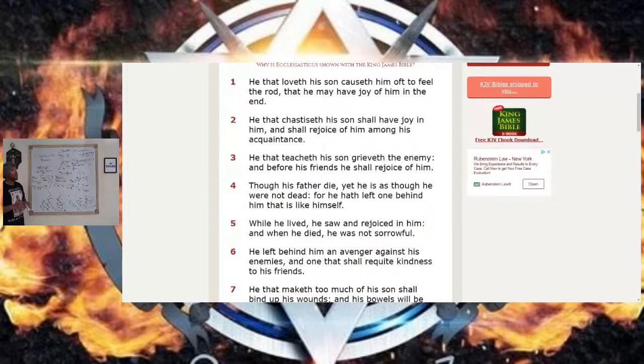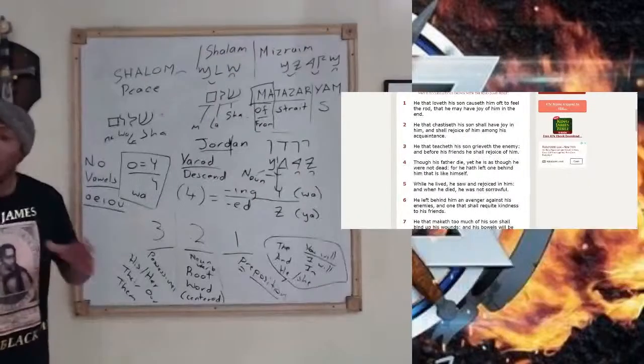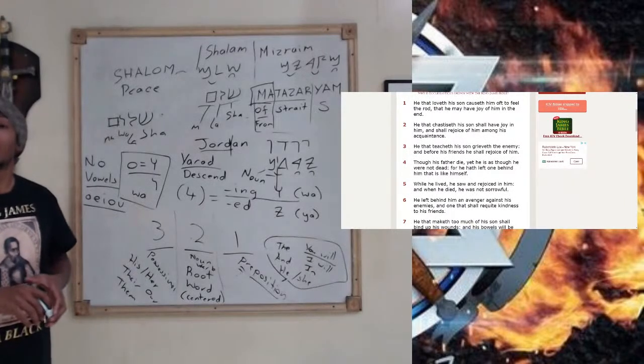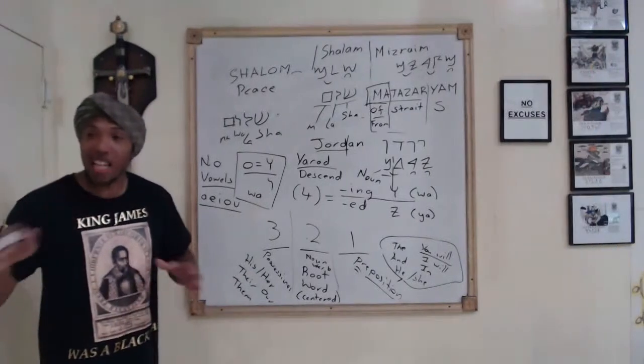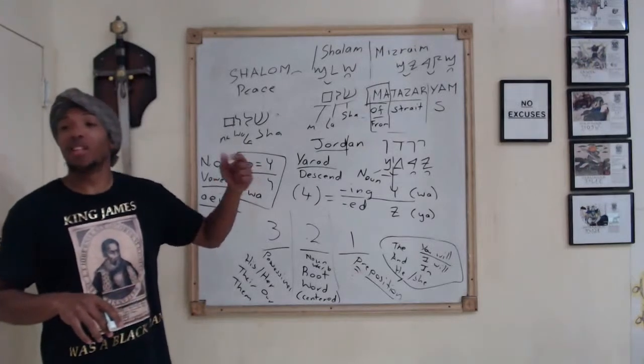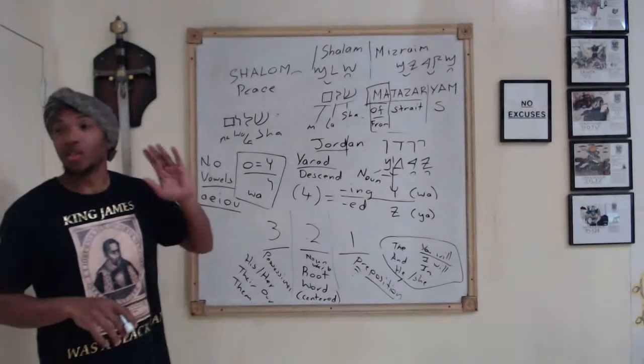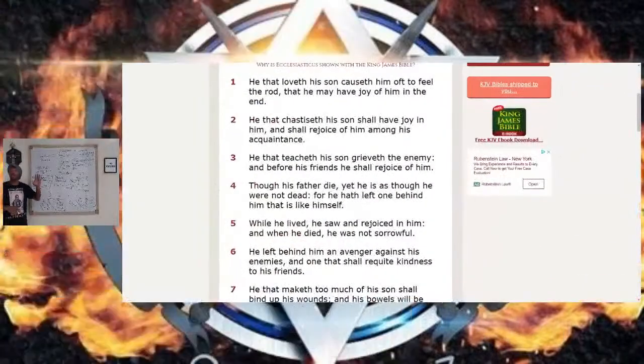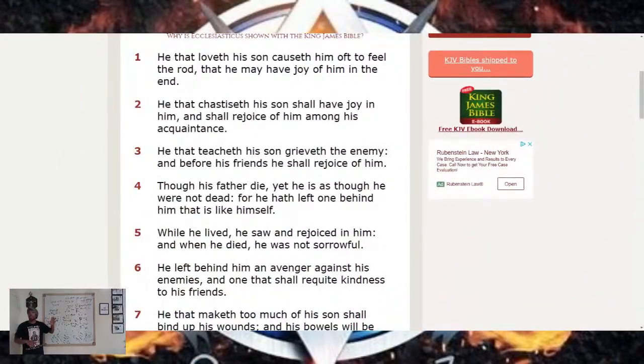He that teacheth his son grieveth the enemy. You're a son who has not been taught by a father. That is why you say things like Shalom and Shalom Aleichem, because you don't have a father. So whatever you're doing, as an Israelite, by the way, I see the term Israelite, there's a rumor that we took it from them, or we said they say no, the IUPK started everything.